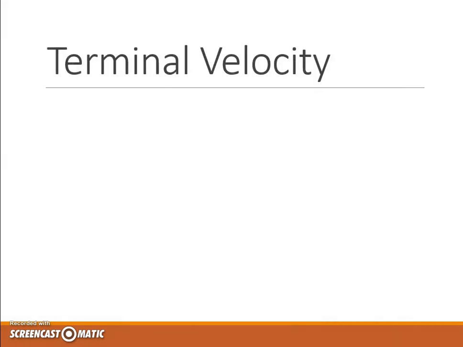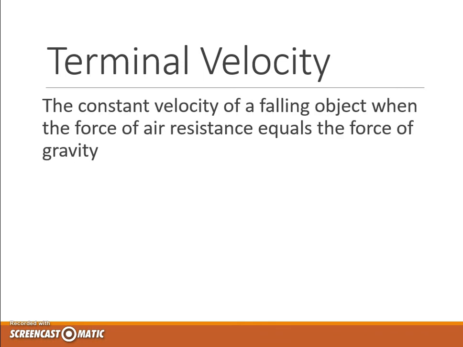So what happens when we have these falling objects falling toward the earth? We reach a point where we no longer gain speed. We're still falling, and we're still falling at the same rate. We still fall with 9.8 meters per second squared, but we have reached the maximum velocity possible.